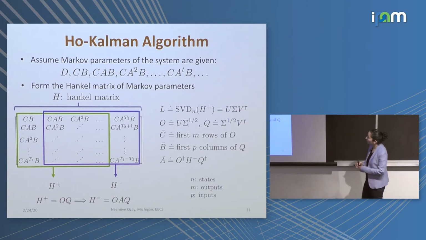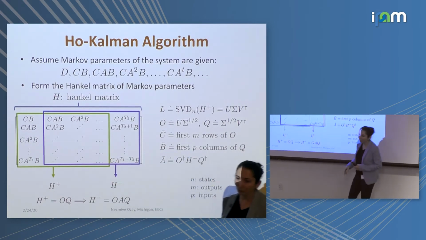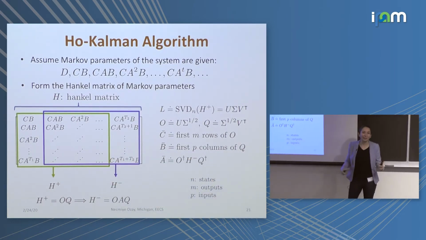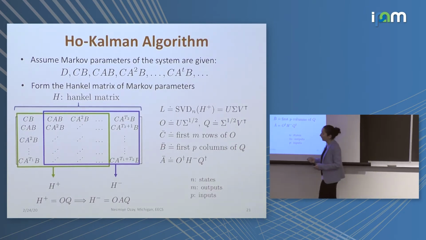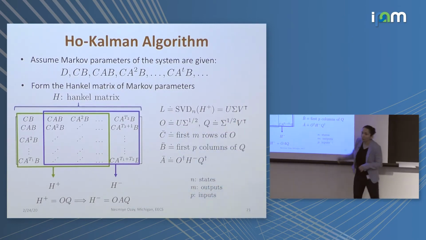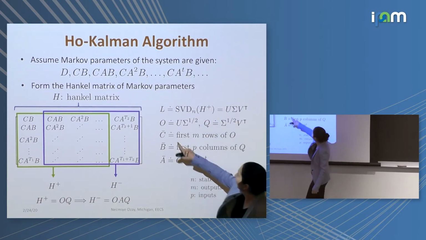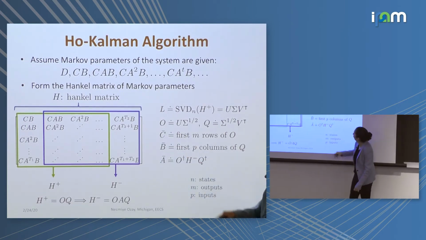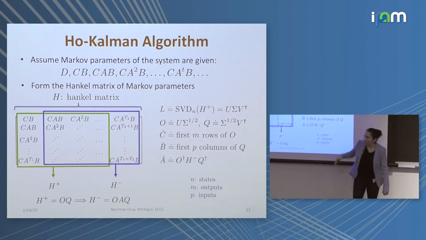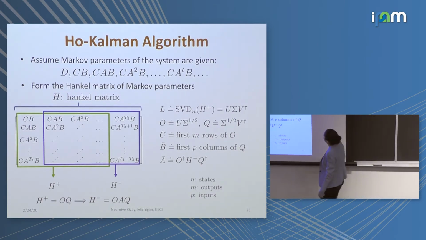And the way you do it is, we know this thing is rank n. So any properly sized submatrix of my possibly infinite Hankel matrix is rank n. So you do an SVD. This is exact since it is rank n. Then you set your observability matrix to be U times the square root of your singular values.